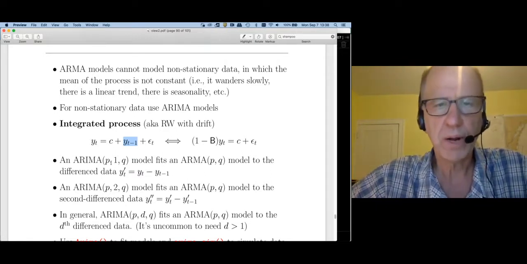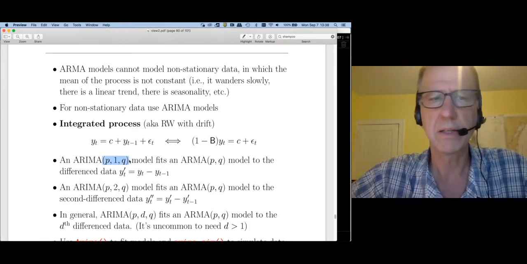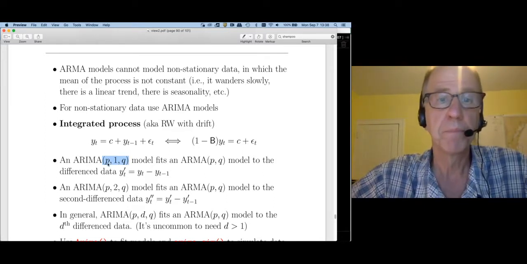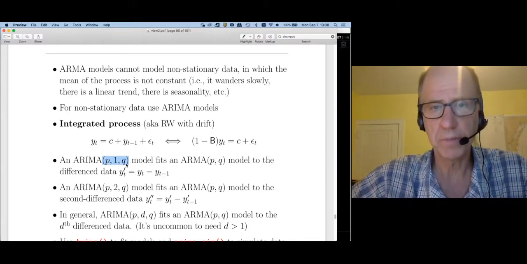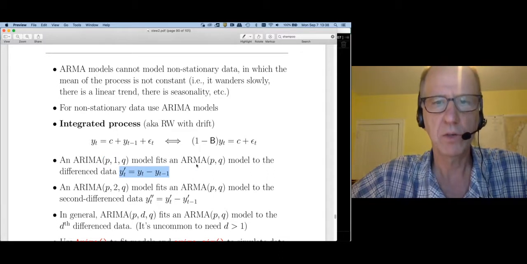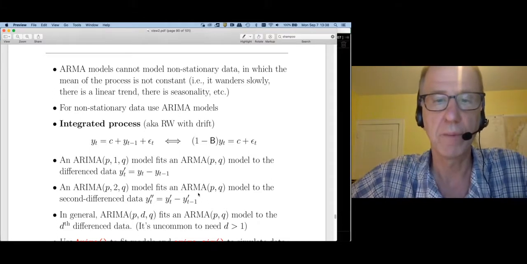The second parameter in this notation indicates the number of differences that we take. So for example, if I want to fit an ARIMA(p,1,q) model, that means take one difference and then fit an ARMA(p,q). Likewise, an ARIMA(p,2,q) model would take second order differences and then fit an ARMA model.